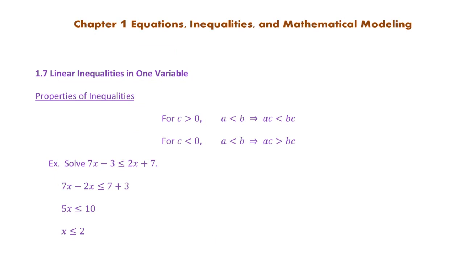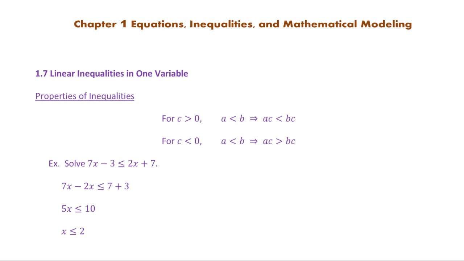Let's talk about properties of inequality now. If you have the inequality A less than B and you multiply by a positive number C, then the inequality still holds. That means AC is less than BC. But when the number C is negative, less than 0, then the inequality reverses.